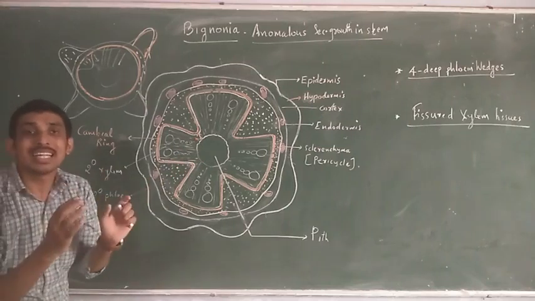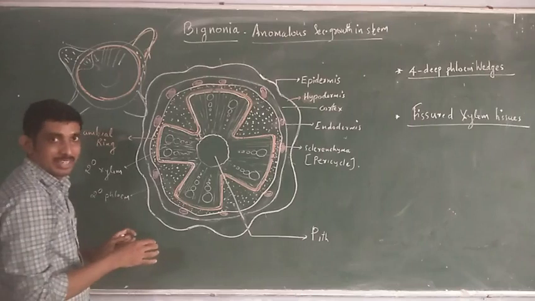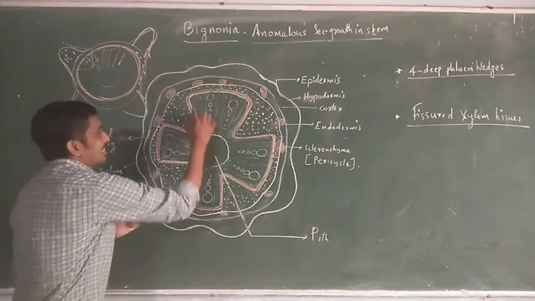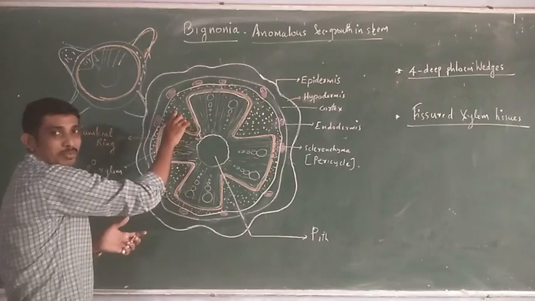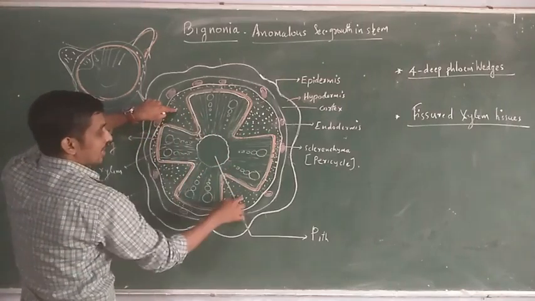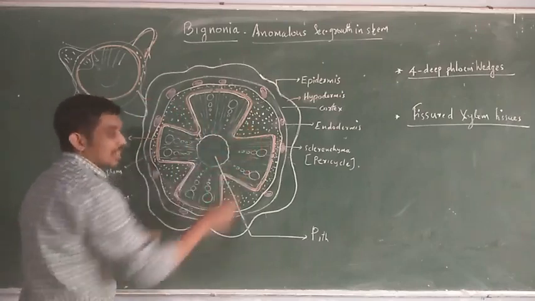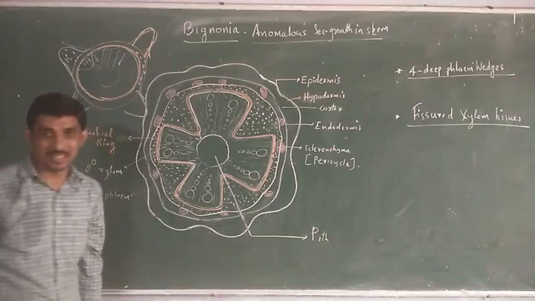Due to that abnormal activity, we get a wedge-shaped secondary phloem at 4 diagonal areas, and they are situated just opposite each other.